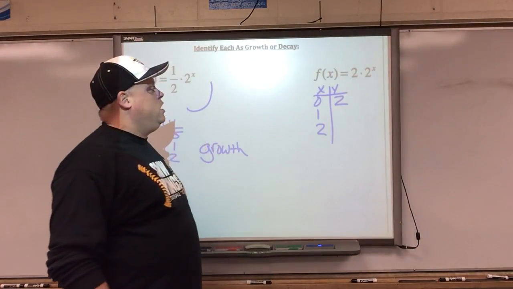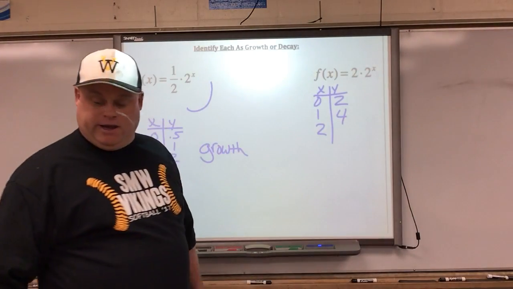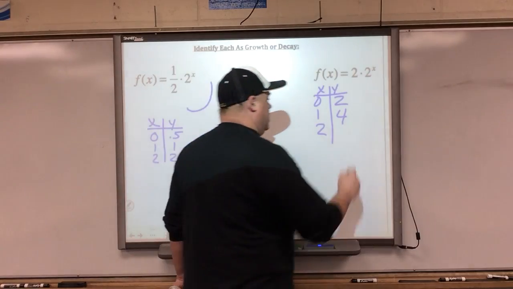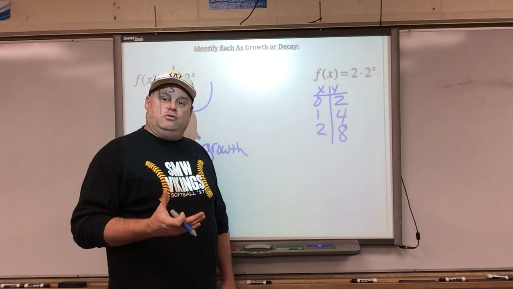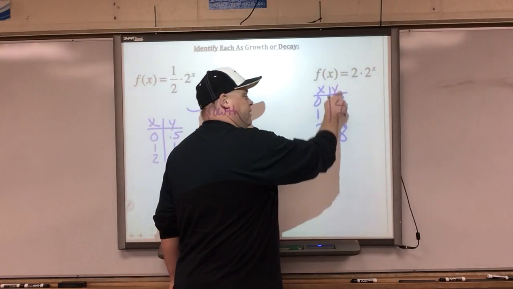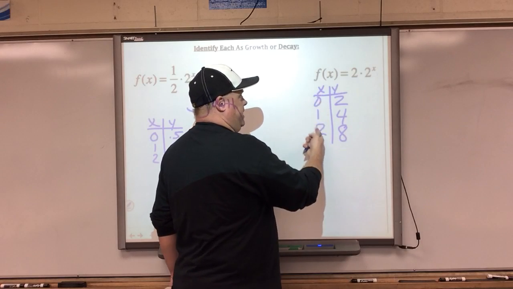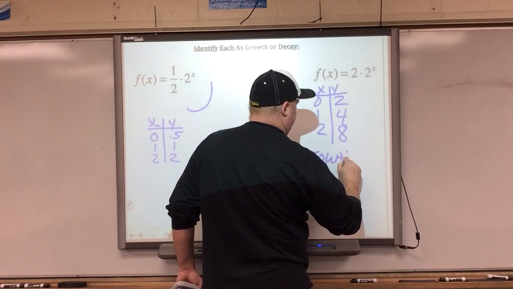If I plug in a 1, you should get 4. And if I plug in a 2, you should get 8. Did my output, my y's, grow with my x's? Yes. So this is a growth as well.